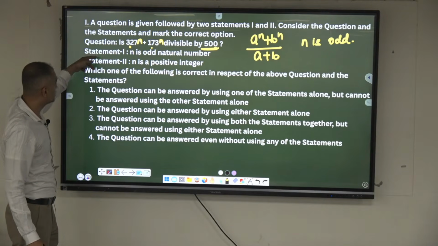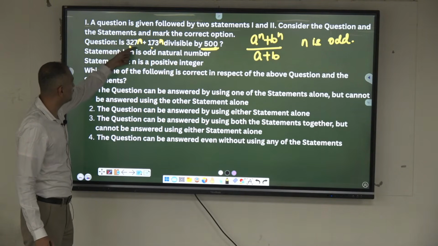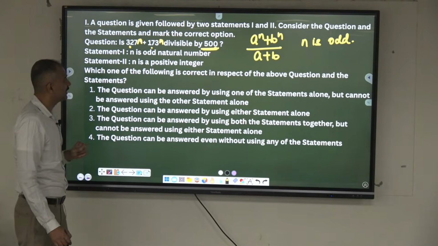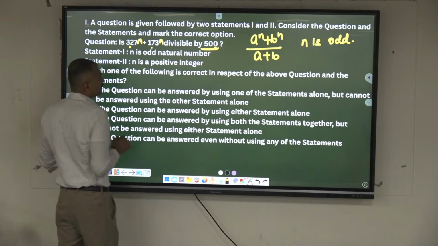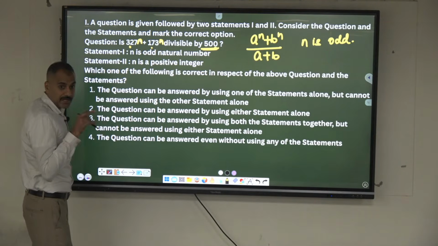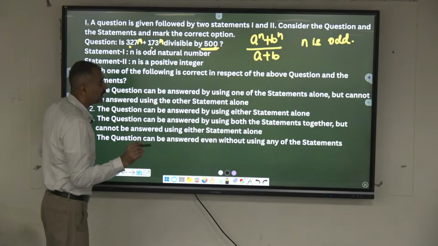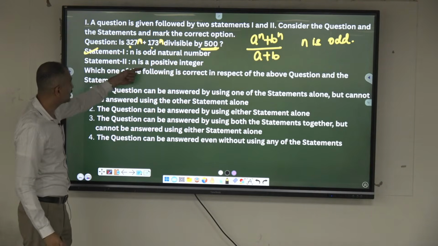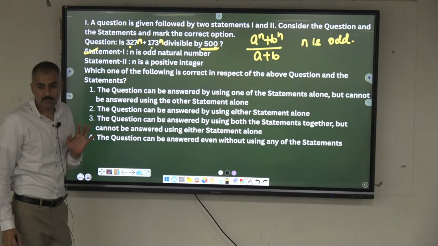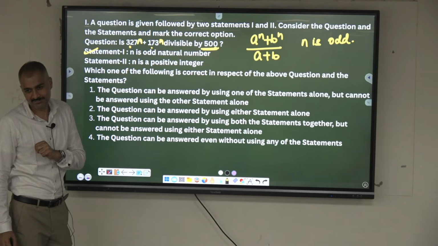Look at the statement here. Kind of question: data sufficiency. Question is, is 327 to the power of n plus 173 to the power of n divisible by 500? Statement 1 says n is an odd natural number. To get divided by 500, n has to be an odd natural number. This is the required statement. Now statement 2 says n is a positive integer. Positive integer means it can be 2 also.